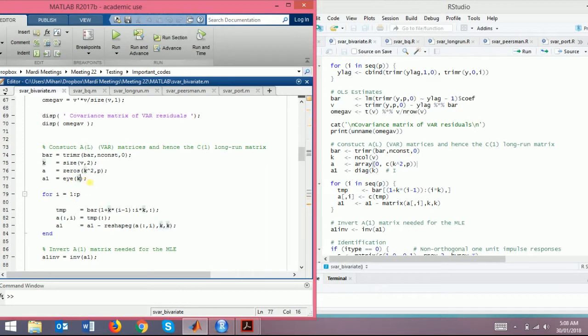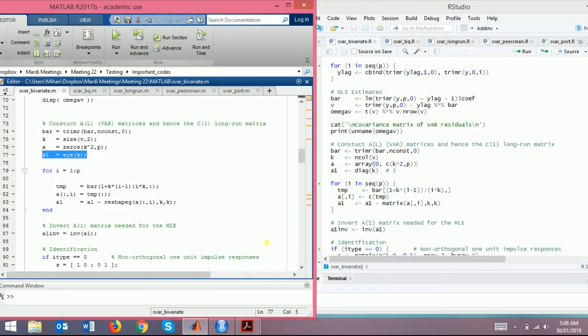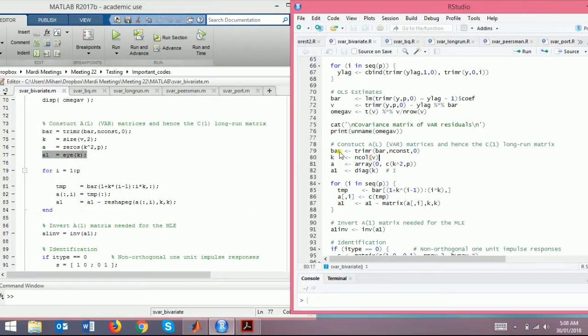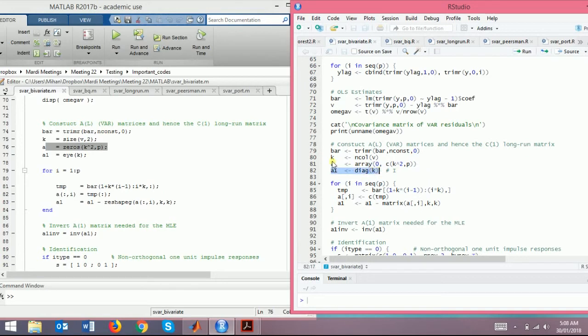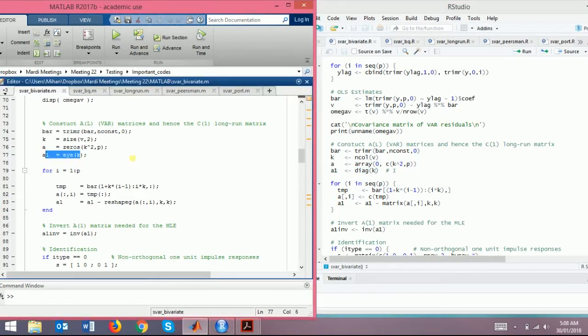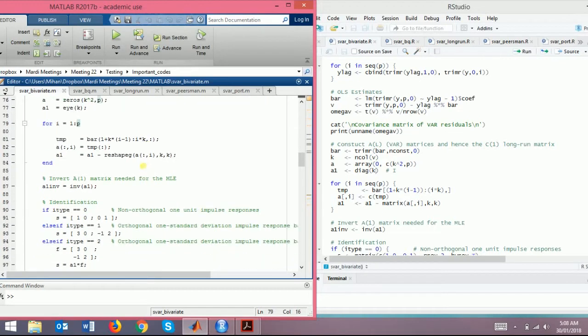So identity matrix of k, 1 0 0 1, basically to store our diagonal elements. Here we are doing the same thing: we take the number of columns, then we create an array of zeros combining k square and p, and A1 is the diagonal of k, nothing else. Okay, so in MATLAB it is identity, in R it is diagonal.